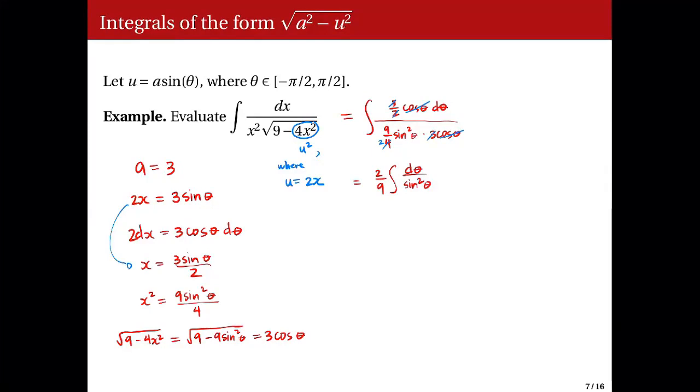But 1 over sine squared theta, that's just cosecant squared theta. So you have 2 over 9 integral of cosecant squared theta d theta. And here, integral of cosecant squared theta, that's negative cotangent theta plus c.